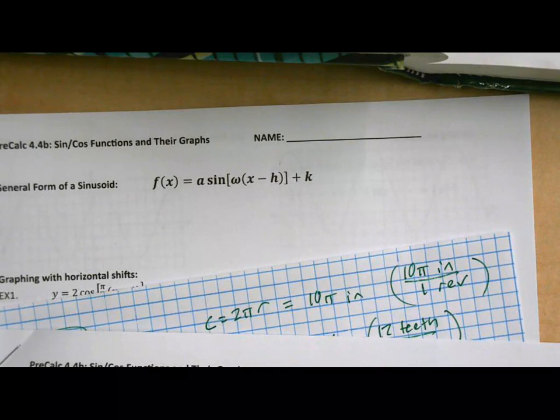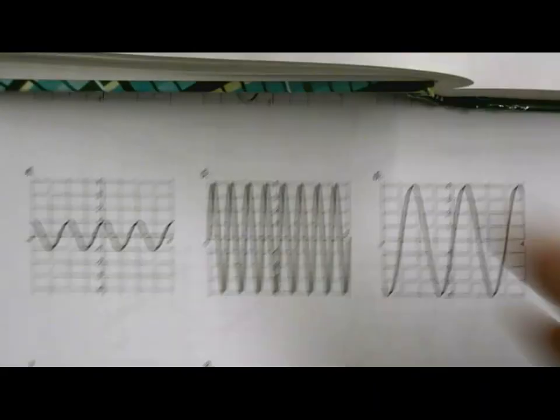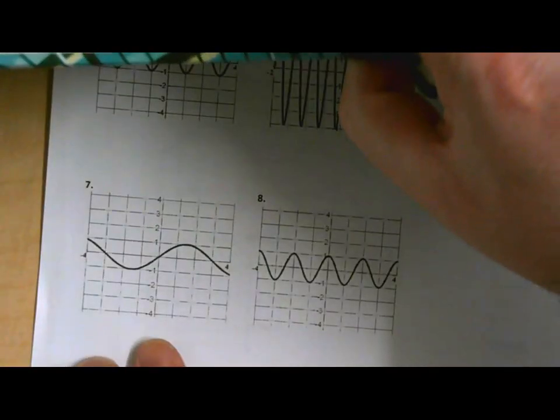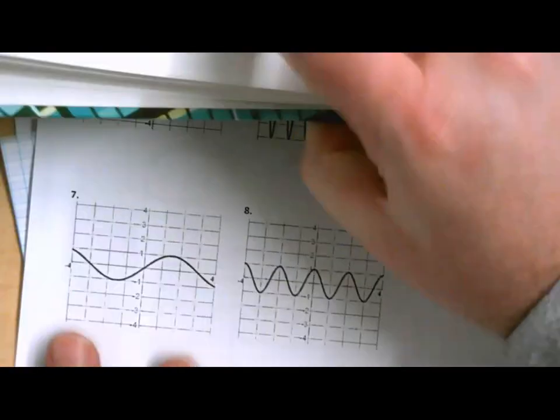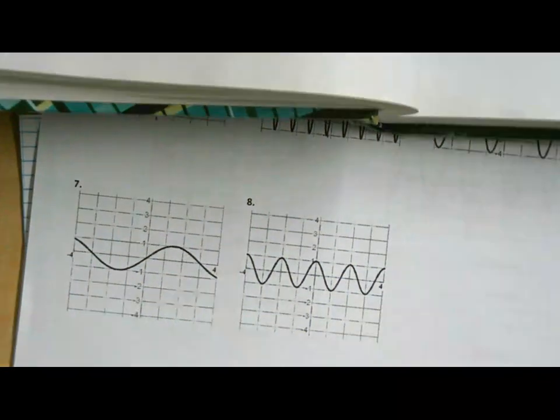Let's try again. P7. This one. Almost there. This one right here? Yes? Do I have the right one? Okay. Sorry for the delay.